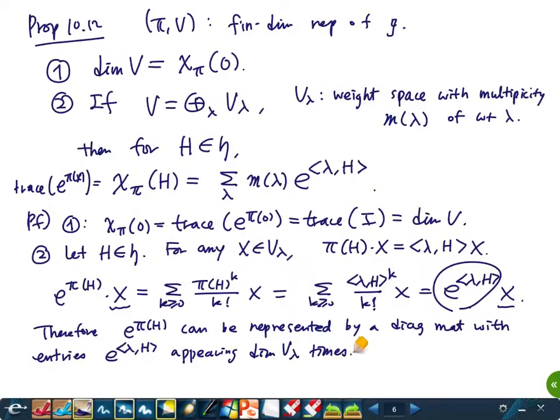And basically that's it. That means the trace of e to the pi h is going to be the summation over all lambda, because these are the diagonal entries, and each of these terms appears this many times. So that's it. That's the proof. The proof is pretty simple.